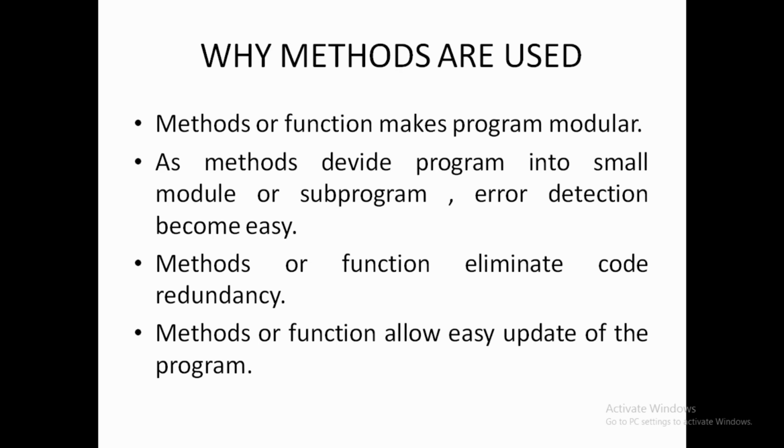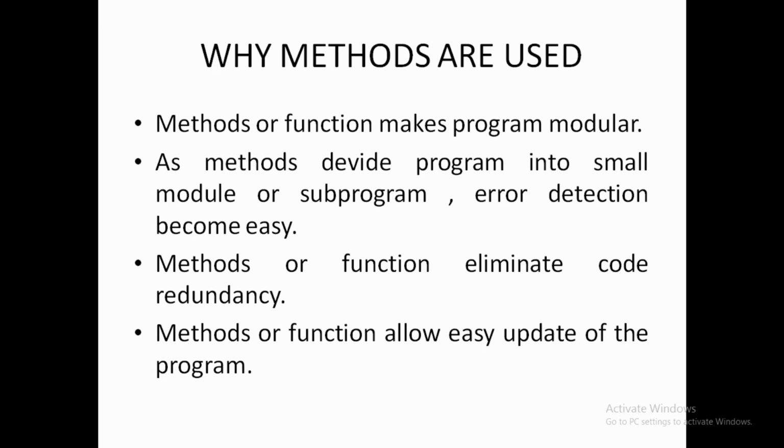Now the third point: methods or functions eliminate code redundancy. Methods are generally written to perform a specific task. For example, a method can be written to perform sorting, to arrange a list of numbers into ascending or descending order.